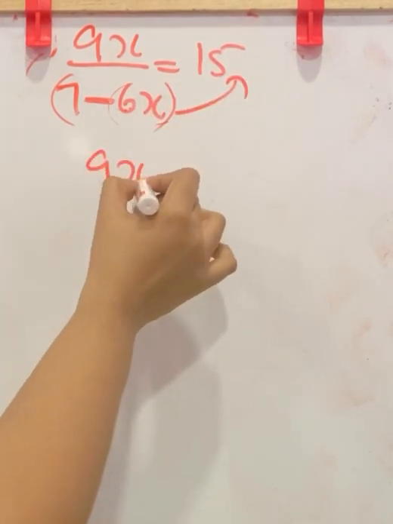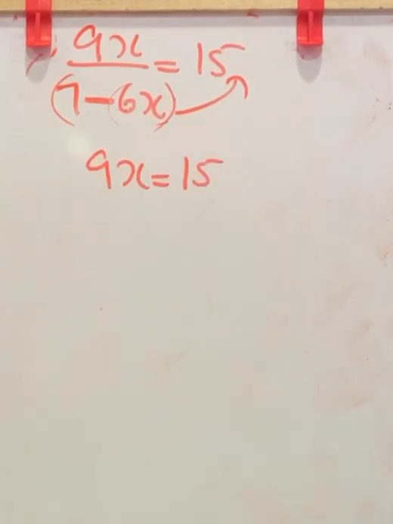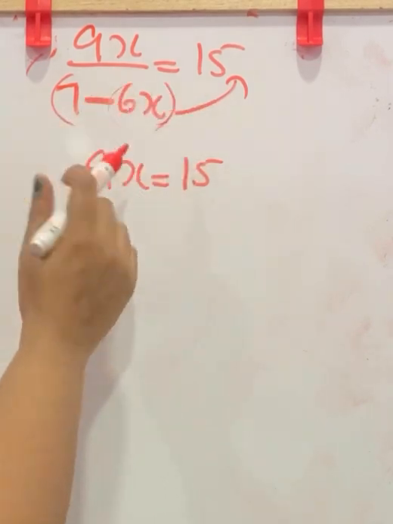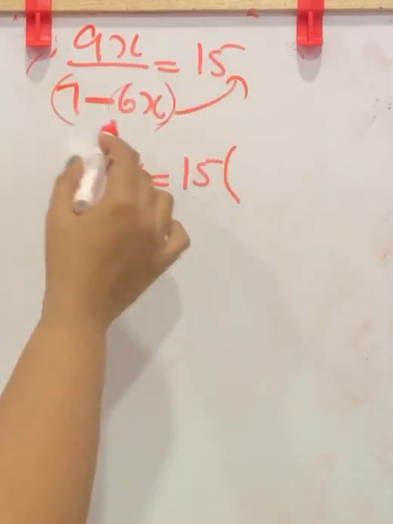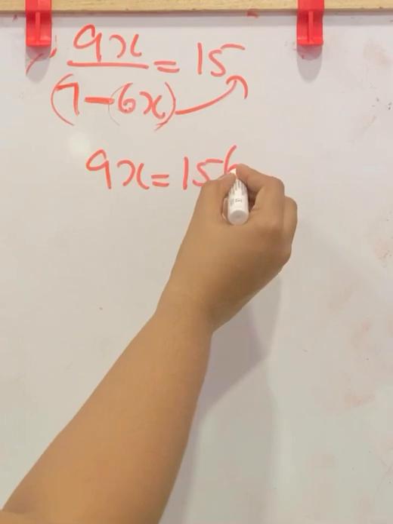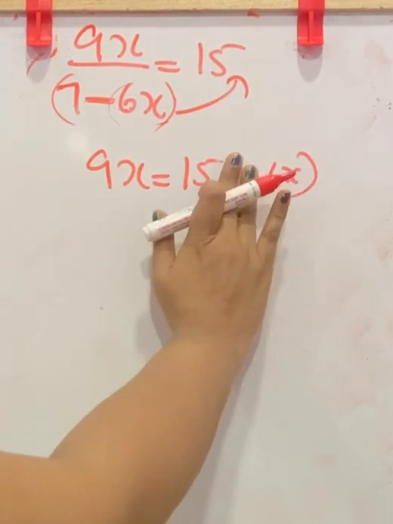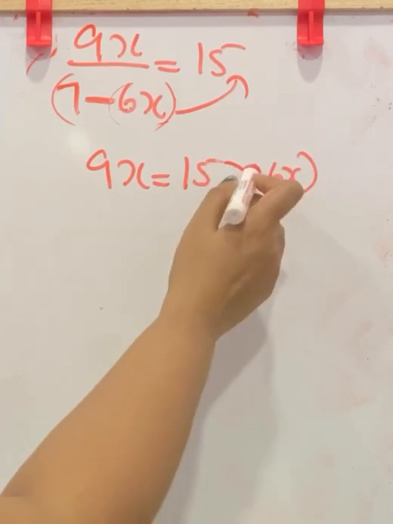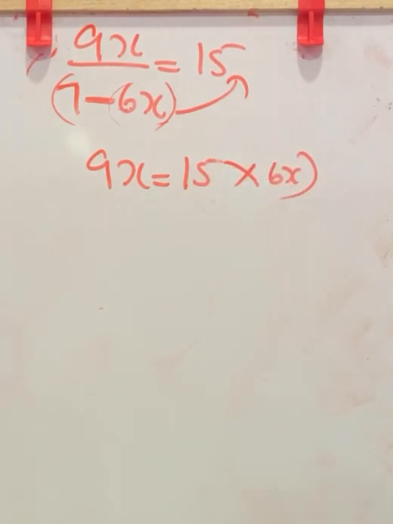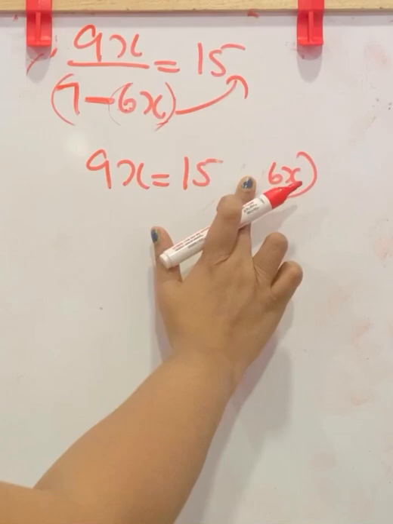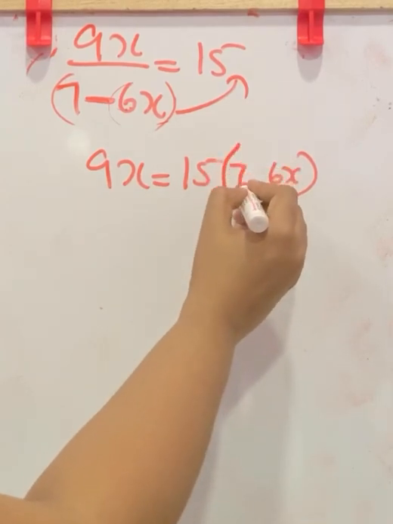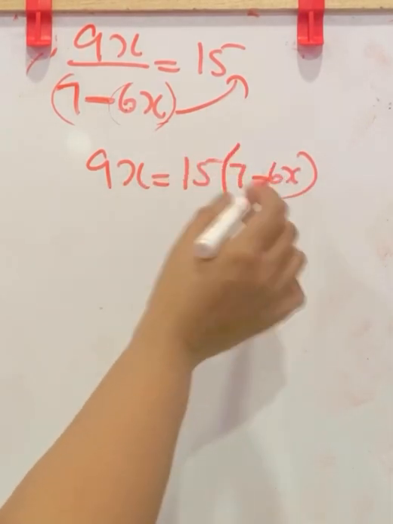So 9x is equal to 15 will be outside the bracket because these are two terms. For both terms you want to multiply with 15. Inside the bracket 7 minus 6x is there. If it was simply 6x taking to RHS, you can write 15 into 6x. It was simple. But here we have another term with it, that is 7 minus. So you want to put a bracket here.